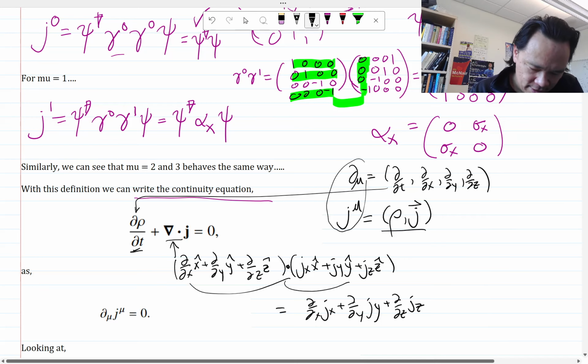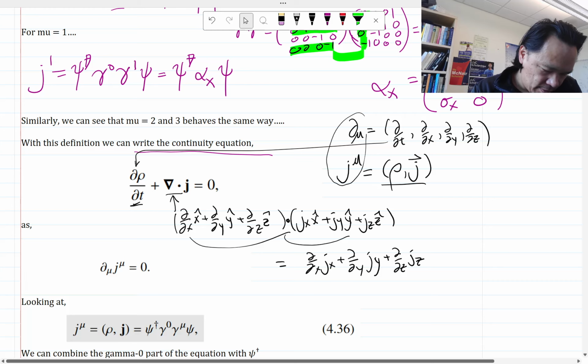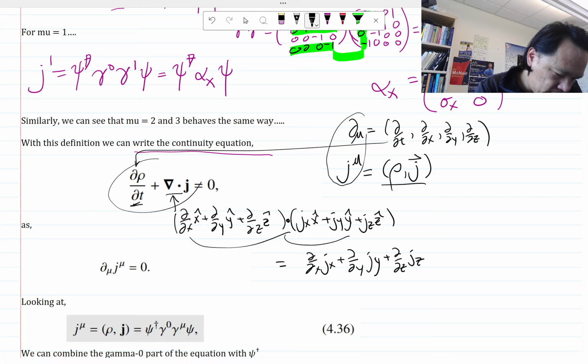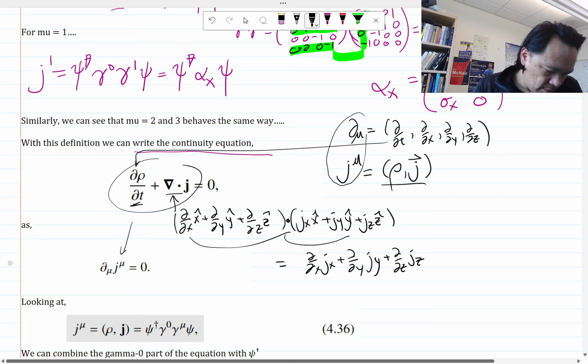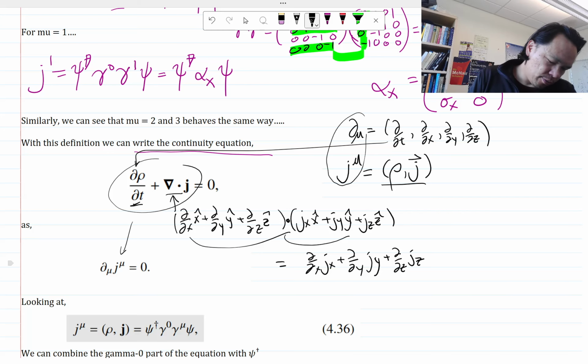That makes sense. So you can write this entire continuity equation by just writing the covariant derivative partial mu with the contravariant current j mu.